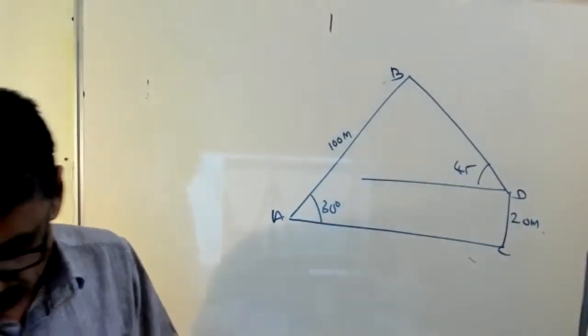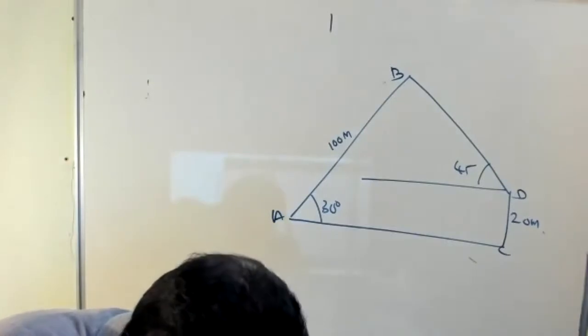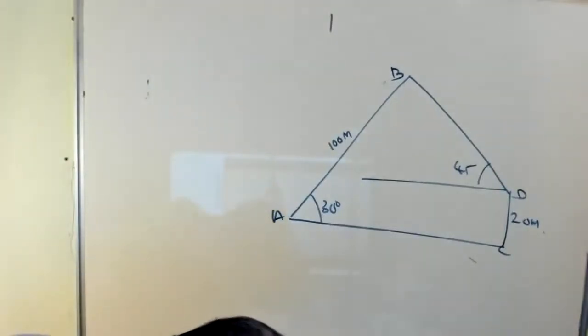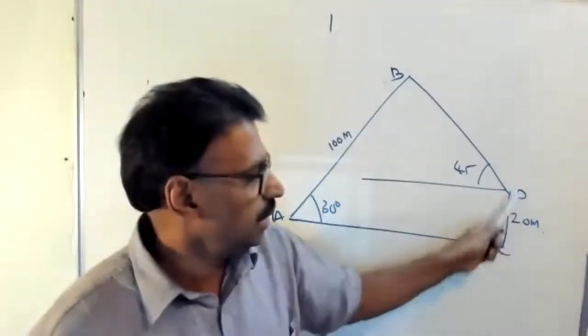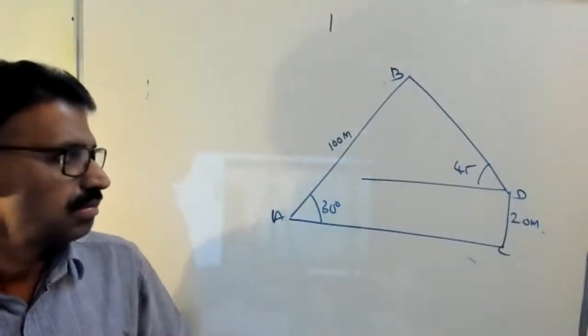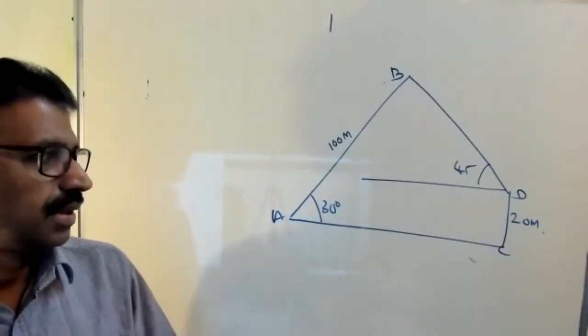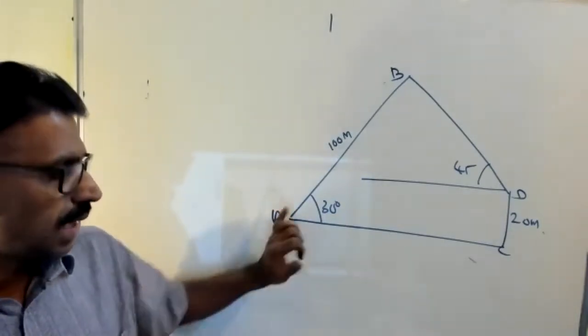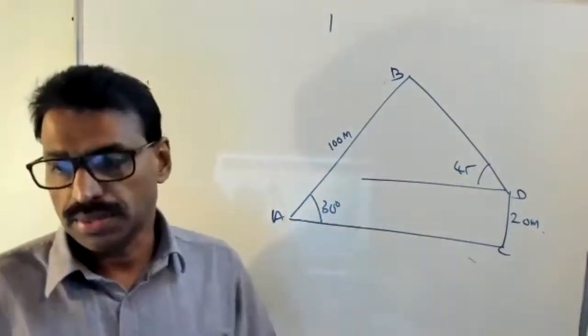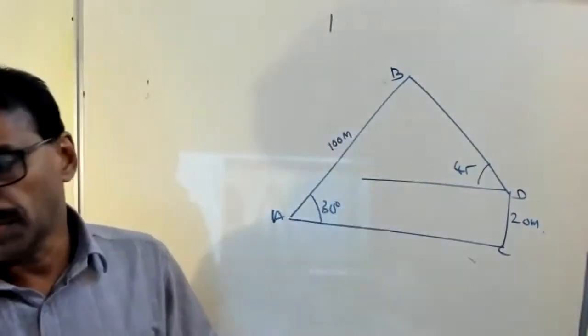Okay, try now. AB is 100 meter, CD is 20 meter. This angle is 30 degree, this angle is 45 degree. Now we have to find out BD.